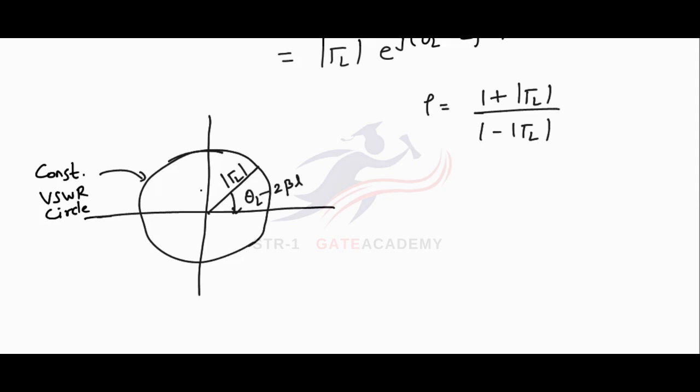So if you increase the value of L, it will move in the anti-clockwise direction. What is the physical significance of L increasing? We have already stated in the beginning that L equal to 0 implies the load end, and as you increase the value of L, you are moving towards the generator. So increasing L implies moving towards the generator.